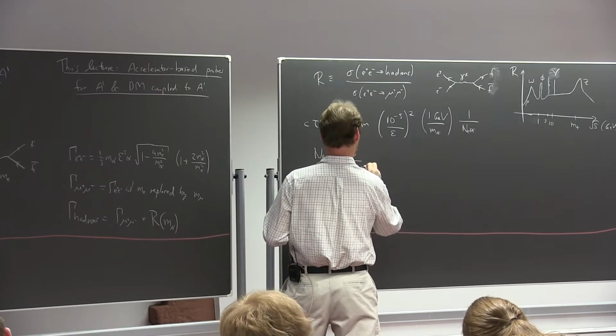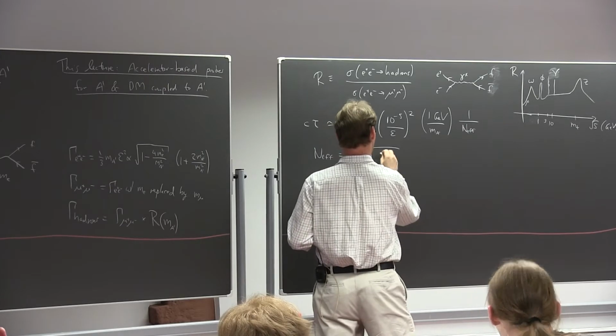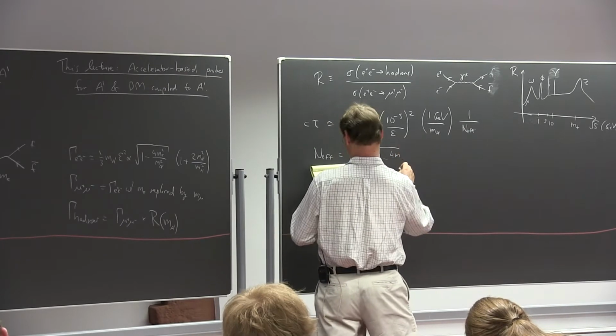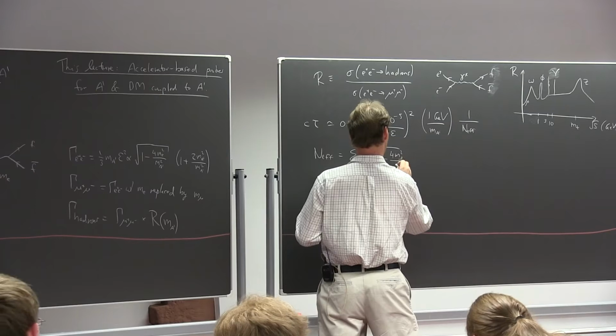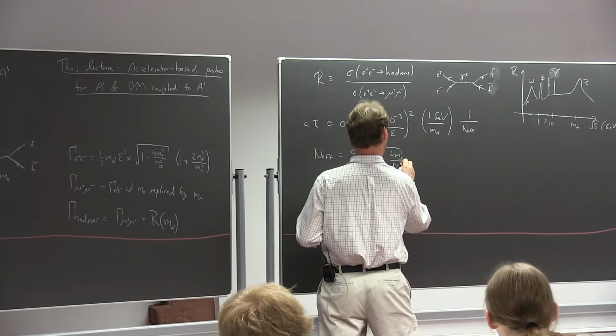So let me write it the following way, and then I'll explain what it is. So 1 minus 4 m_l squared over m_A' squared.